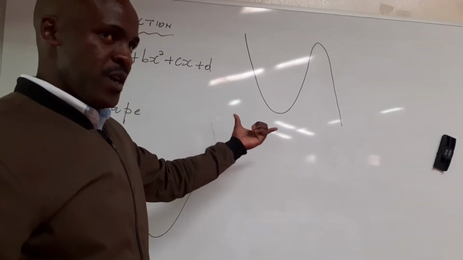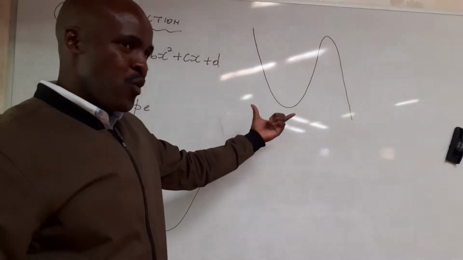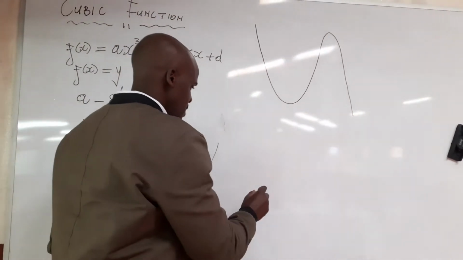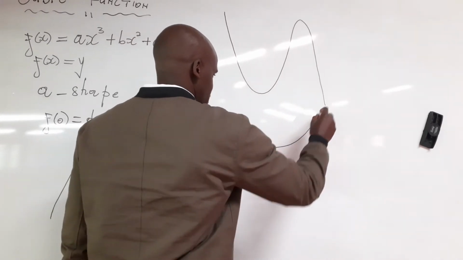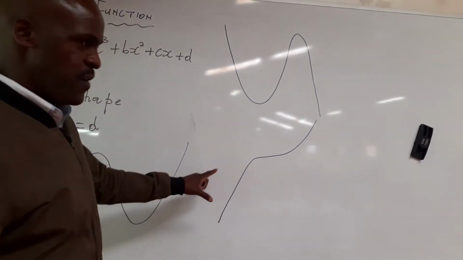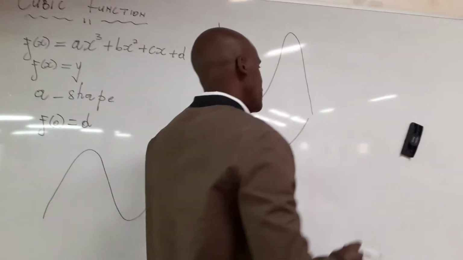Again, it still has 2 turning points, but it doesn't always have to have 2 turning points. You might find that your graph is looking like that. This is still a cubic function, but with no turning point, as you can see up there.